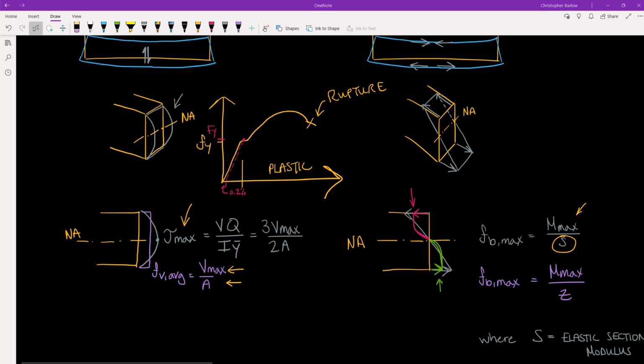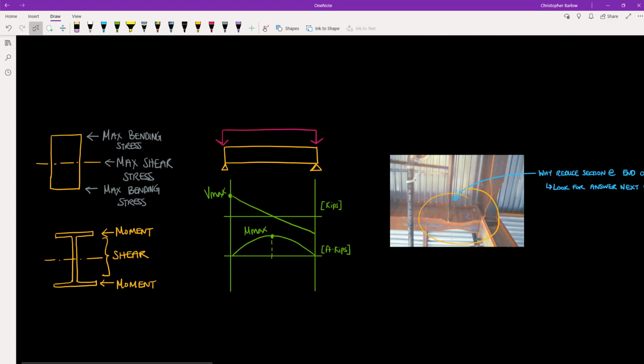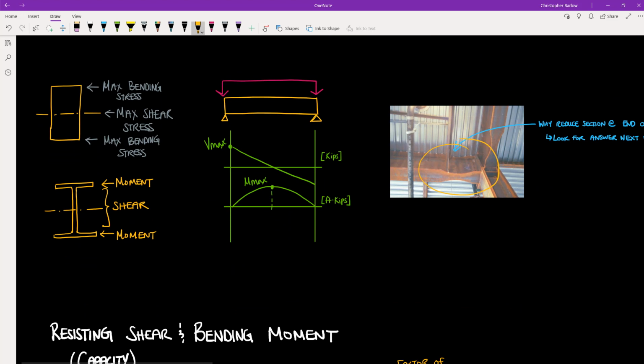So if I scroll down, we have a summary here. Maximum bending stresses will occur at the top and the bottom. Maximum shear stress occurs in the middle.